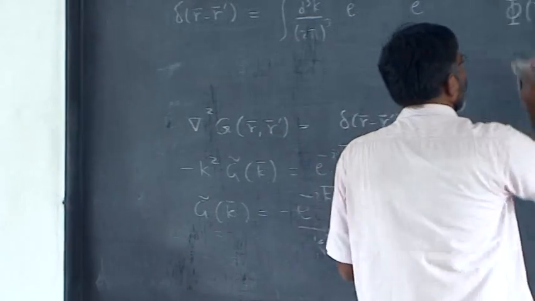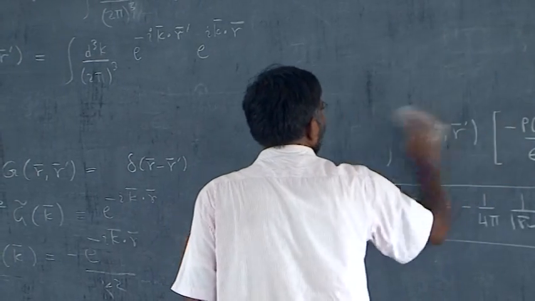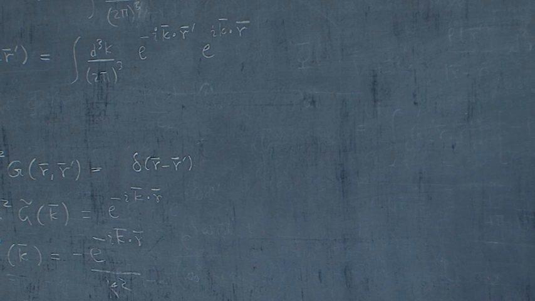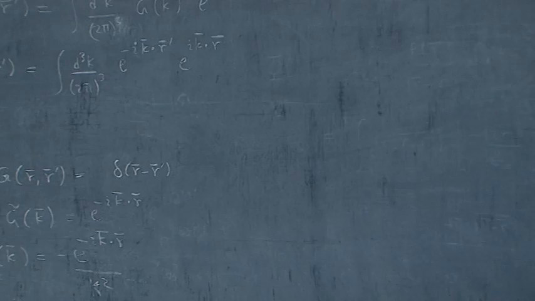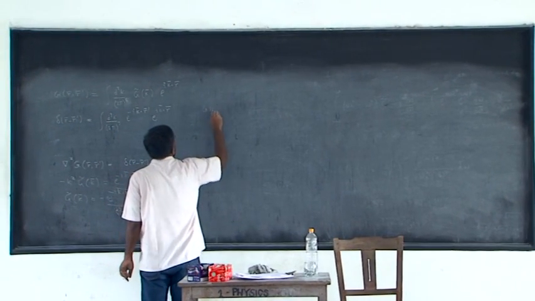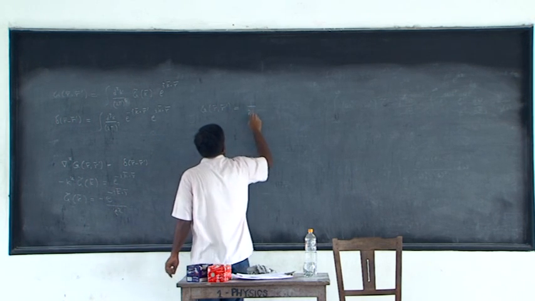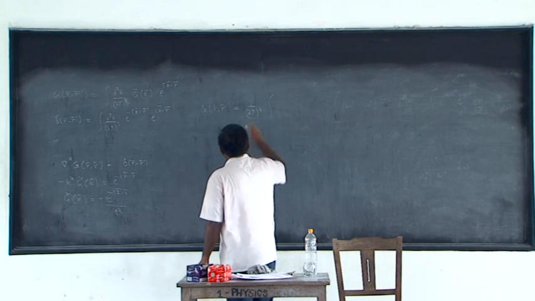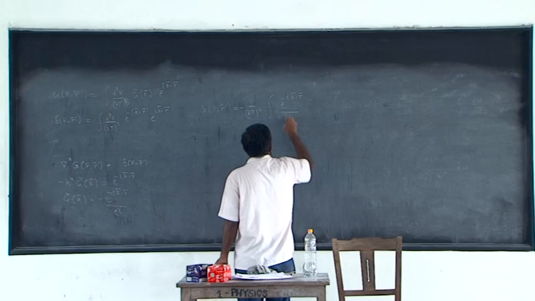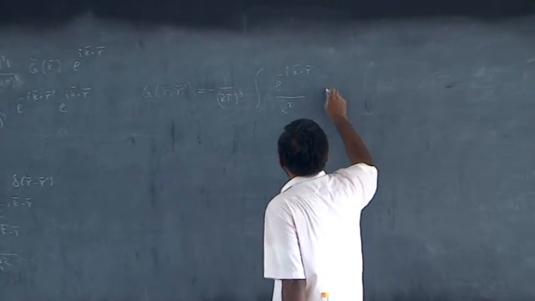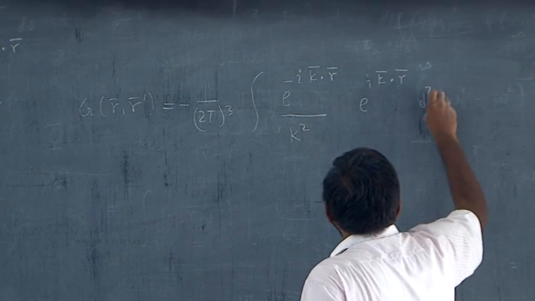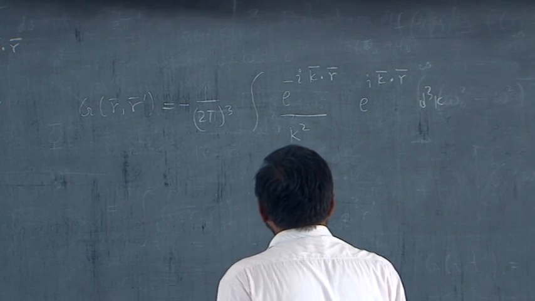So if I substitute it in this equation, I will have g of r prime is equal to 1 over 2 pi the whole cube integral minus sign e to the minus i k dot r divided by k square into e to the power i k dot r, that is my g tilde k, into r prime.